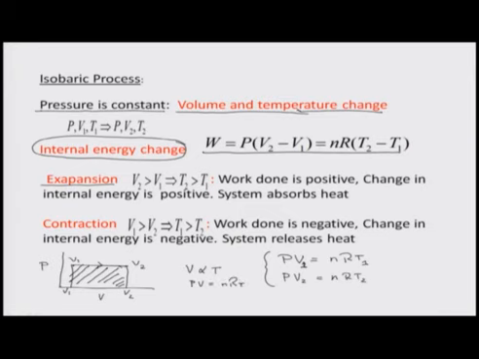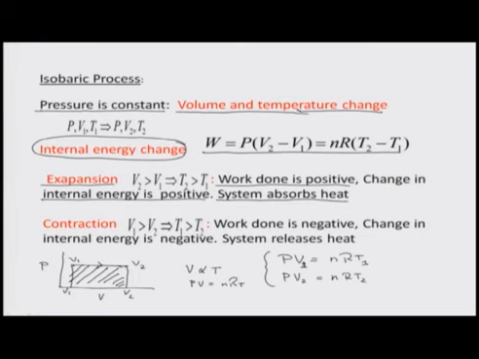So, V2 greater than V1 implies T2 is greater than T1. So, work done is positive. There is a change in internal energy, which is also positive, because temperature has gone up. Internal energy being proportional to temperature for an ideal gas must also go up.